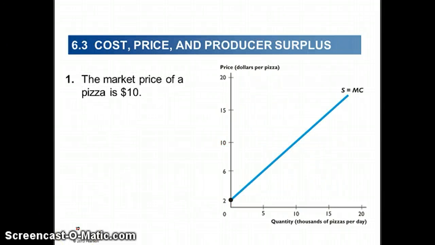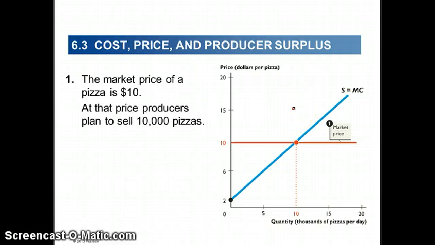The same analysis can be done on the producer side. Here the supply curve is the same as the marginal cost curve. So the market price of a pizza is 10, and at that price producers are producing 10,000 pizzas per day.